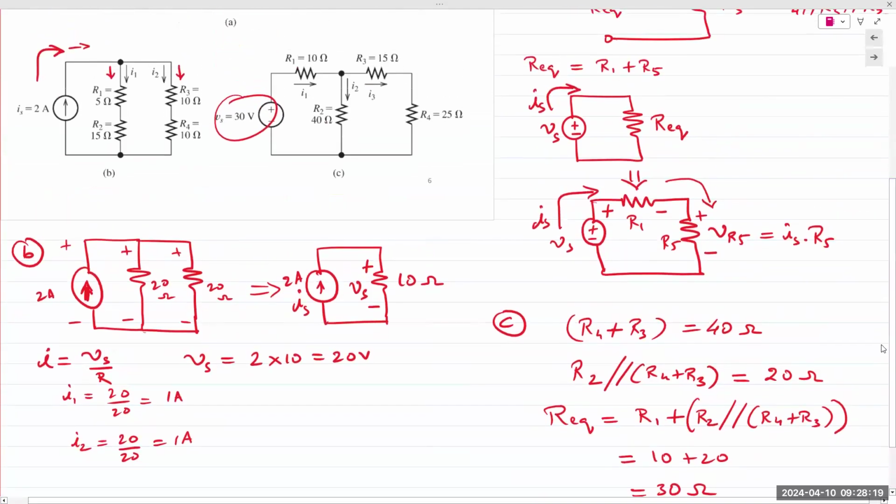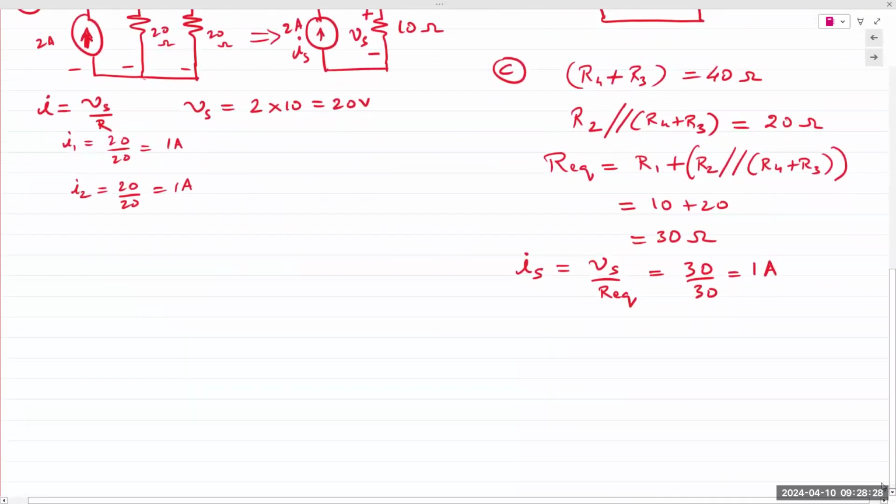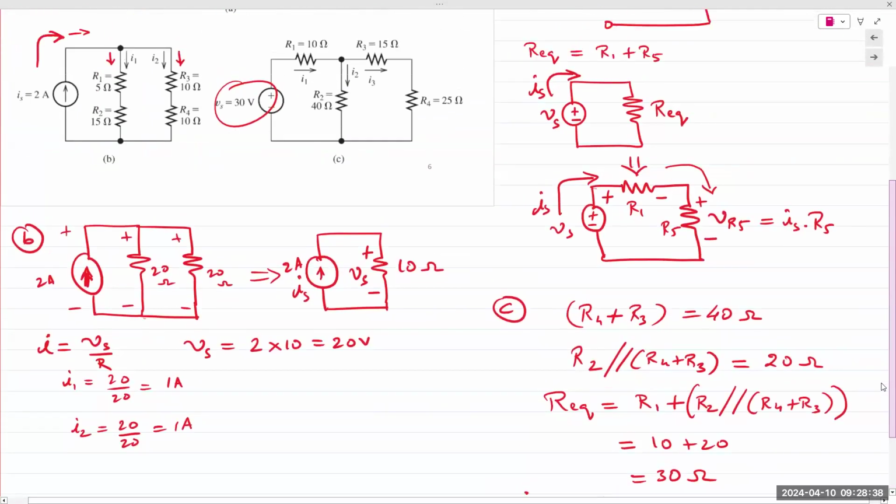And then you expand the circuit back up again. Is would be equal to I1. So I1 is equal to Is, which is equal to 1 amp. And then that 1 amp is split equally between two parallel branches, 40 and 40 ohms, so it gives us 0.5 and 0.5.